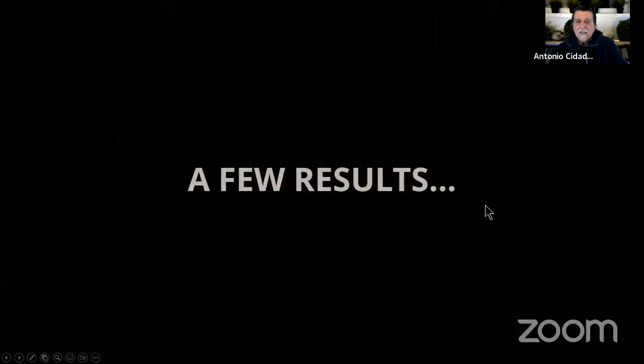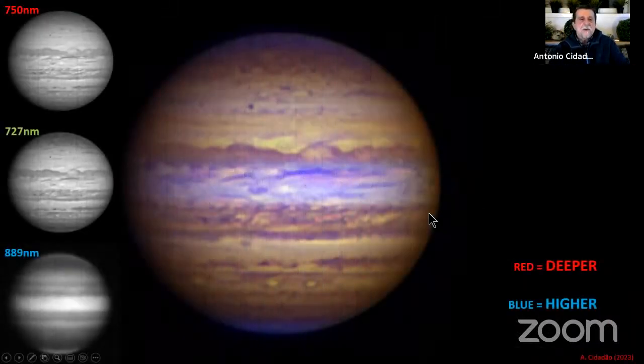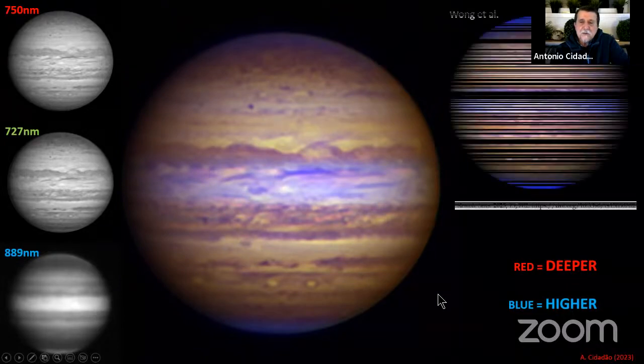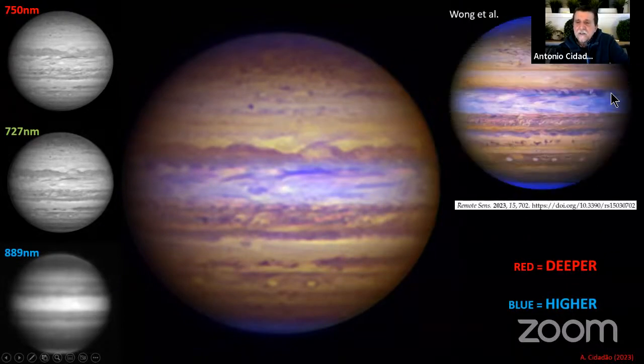And with these results, you can actually produce false color images where red can map deeper features and blue can map higher features. So in this image, you can find bluer or redder hues which correlate with height. This type of image was also used recently in the paper of Wang, in an image from the Hubble Space Telescope.